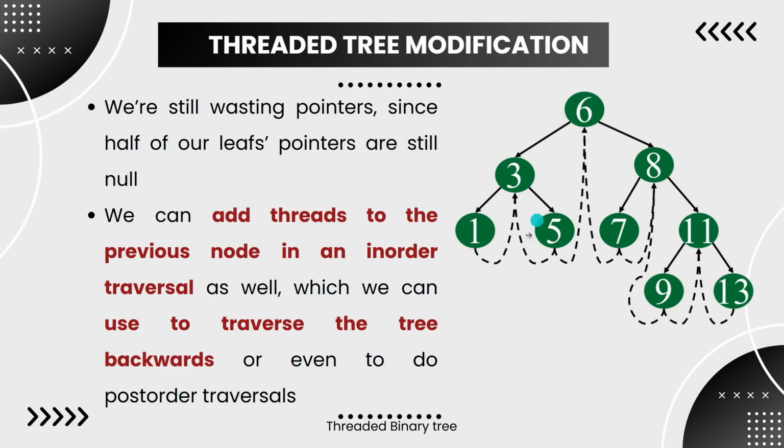Here you could see that all the leaf nodes, which are supposed to have null values, are made to store threads which are predecessors or successors, whether on the left or the right side. And as you know, node 1 and 13, though they are leaf nodes, node 1 does not have a predecessor, and so its left thread is absent, and node 13 does not have an immediate successor, and so its right thread is left blank or retained as null.